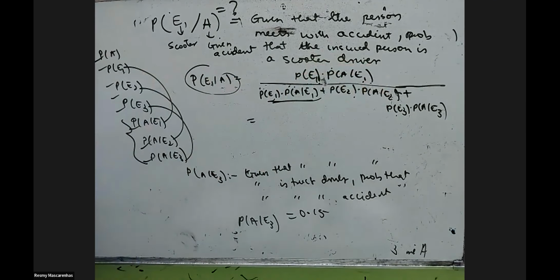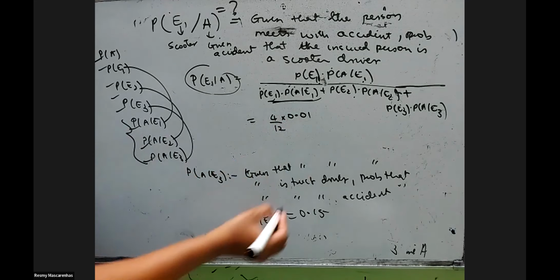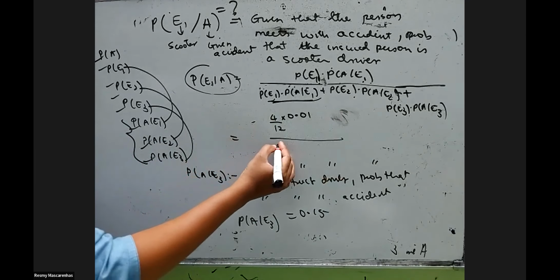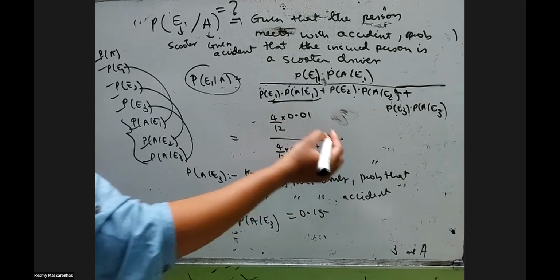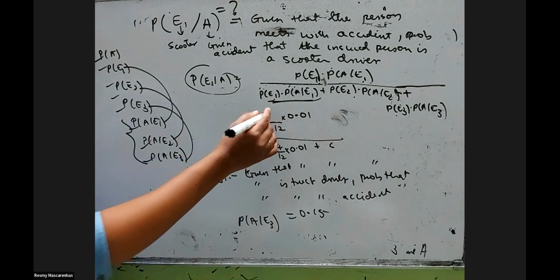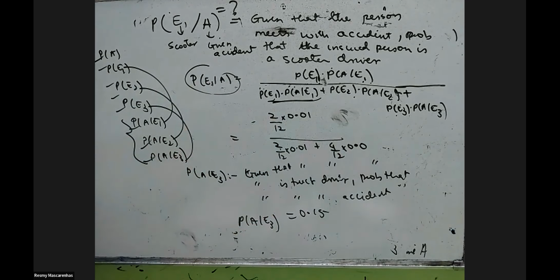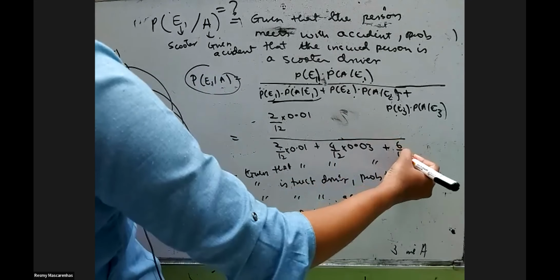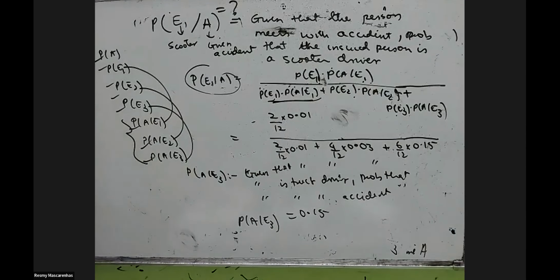Now substitute all the values. So 4 upon 12, sorry, this is 2, no? 2 upon 2. This is 4 upon 12, 0.03 into 0.15.